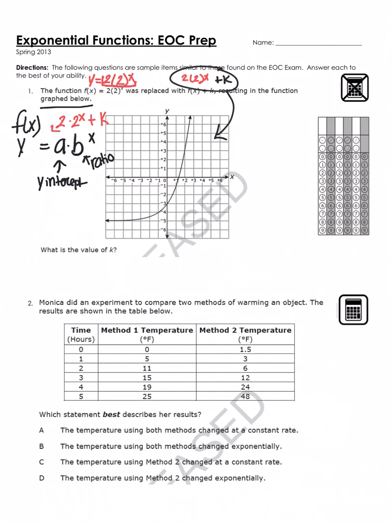So this 2 started off being our y-intercept, and whatever k is, because they're not telling us, if we replace that with plus k, whatever that value was, it shifted the graph down 1, 2, 3, 4, 5. So what is the value of k? -5. Because now my y-intercept is down there at -3. So what was added to it was -5, because it affected the graph by bringing it down to -3. So I'm going to bubble in -5.